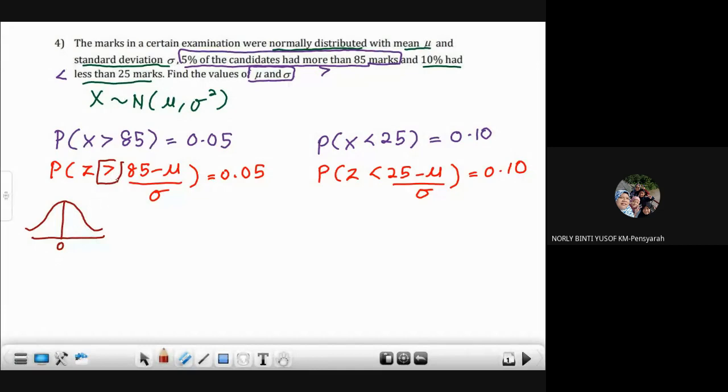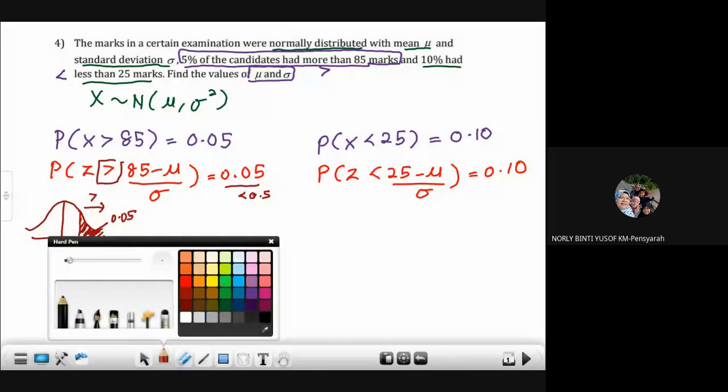So since that greater is kanan, and then the value for probability is lesser than 0.5, so lesser than 0.5 means on your right tail. Ni tak tulis pun tak apa, tapi I just guide you so that you know the shape correctly. So Z akan jadi positif. So this is greater than Z. So this value is 0.05. That means on your right tail, so to the right, that means Z positive kat sini.